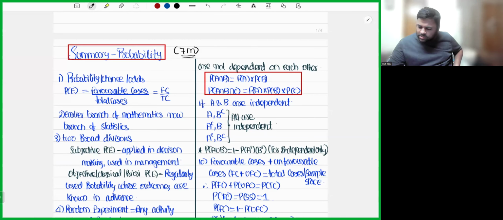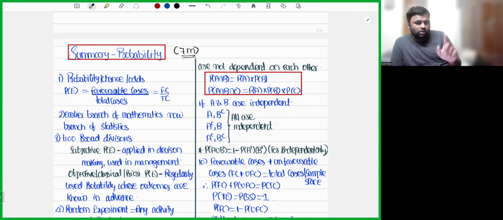If you're perfect with these 4 chapters, you will be in a position to score 32 marks. If you are perfect in the 4 chapters of mathematics, that is time value of money, sets, relations, and functions, 2 marks. Next, permutations and combinations 5 marks, sequence and series 5 marks.